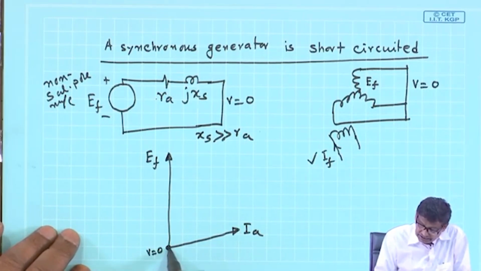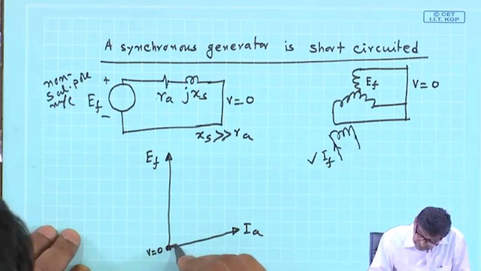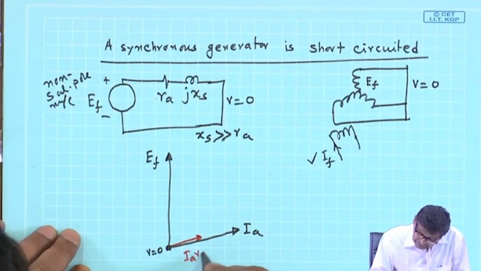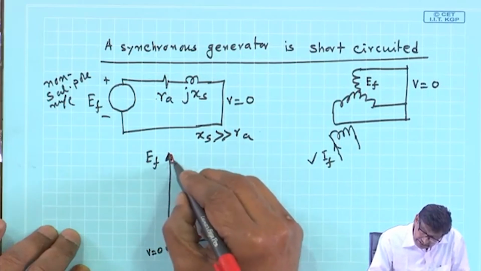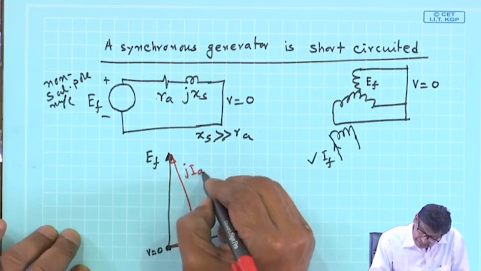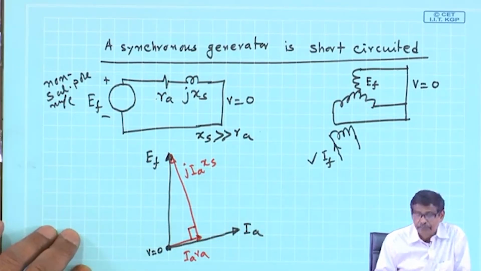So, in case of generator, you start from V, which is 0. Add to it I_A R_A and j I_A X_S, and this is 90 degrees.